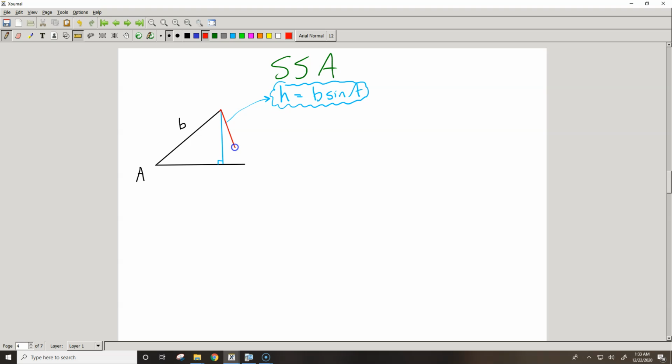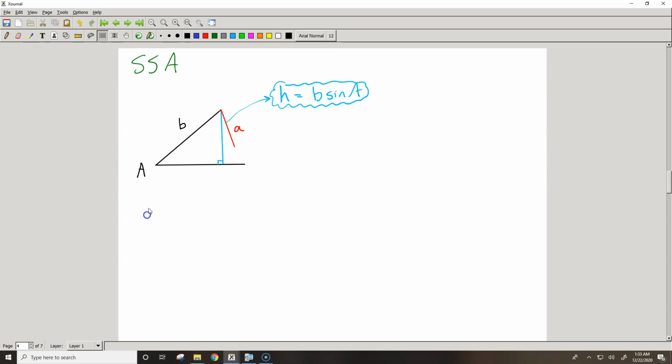So imagine we have a side A. I'm going to label this side A. So take some time to write this part in your notes. It might take a little bit of time to write out that diagram.